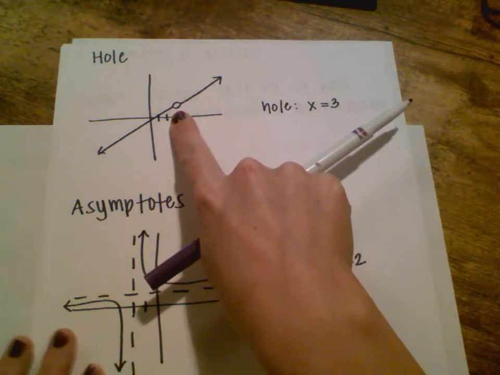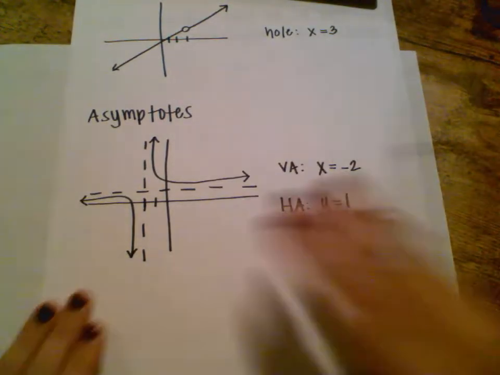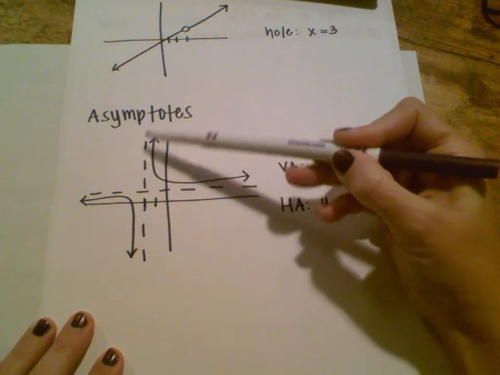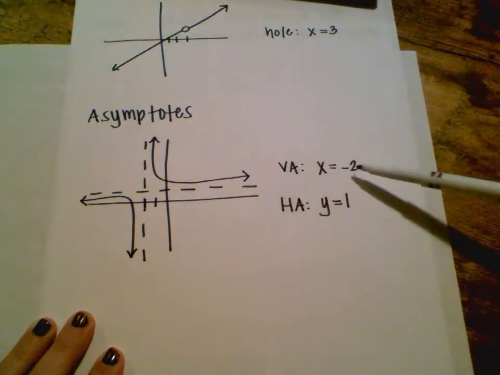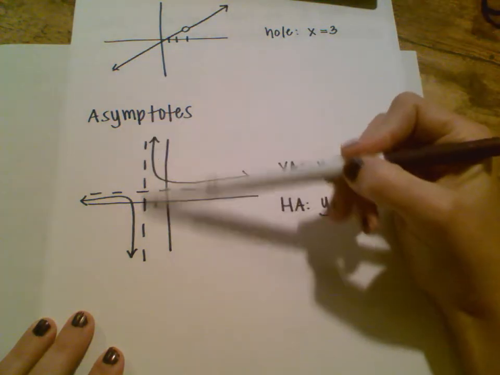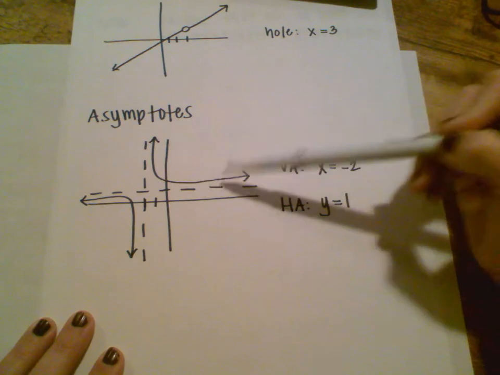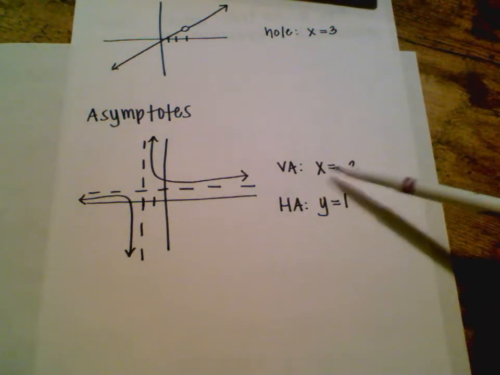Another possibility is that a rational graph has asymptotes. If you look at the bottom, this graph has a vertical asymptote right here when x is -2. And because it's a vertical line that the graph approaches but doesn't touch, since it's a vertical line, the equation is in the form x equals.